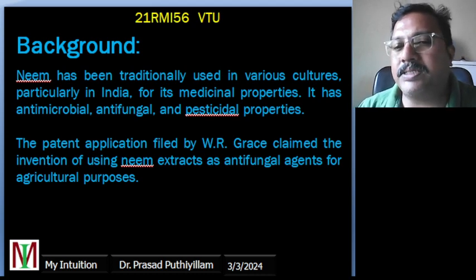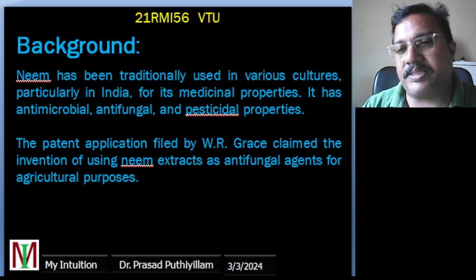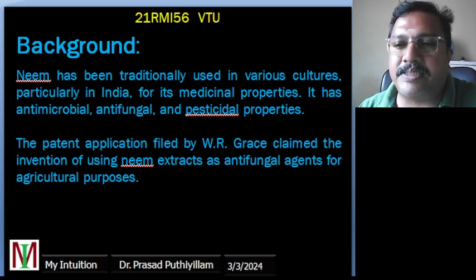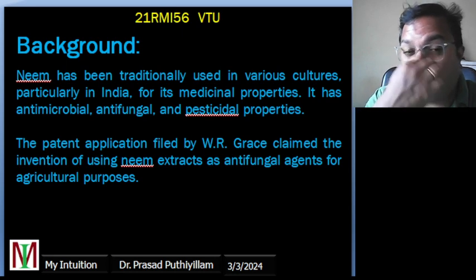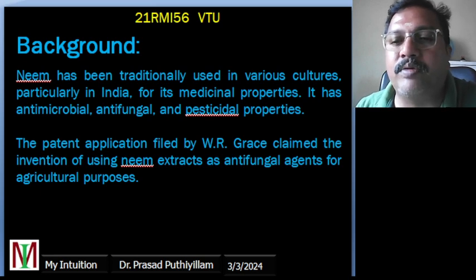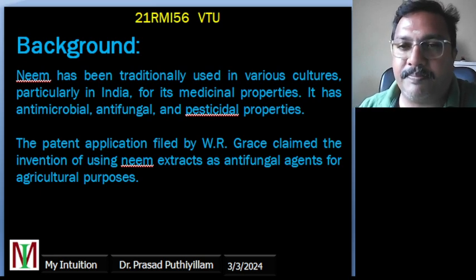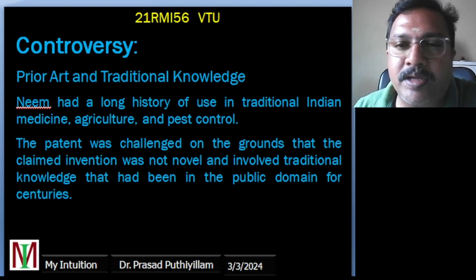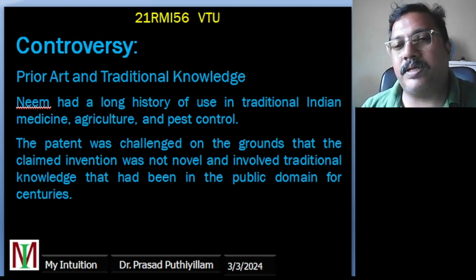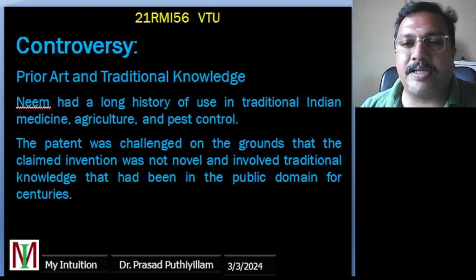The patent application filed by WR Grace claimed the invention of using neem extract as an antifungal agent for agriculture purposes. They wanted to make some agriculture product using neem and patent it, but that cannot be allowed.